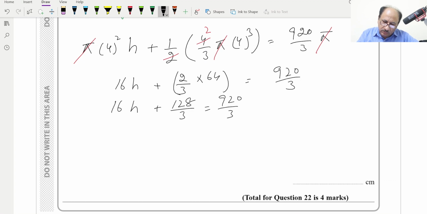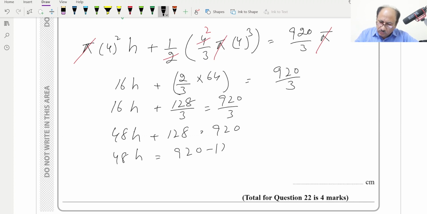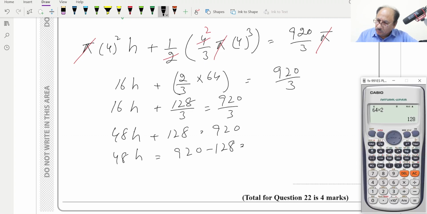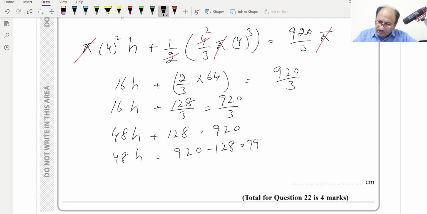We can multiply throughout by 3, so it will be 48h plus 128 is equal to 920, and 48h is equal to 920 minus 128, which is equal to 792.